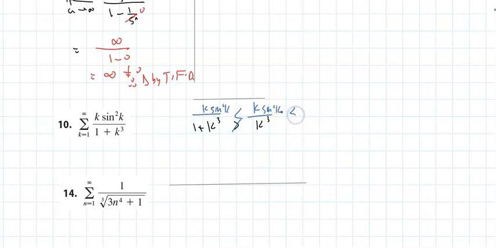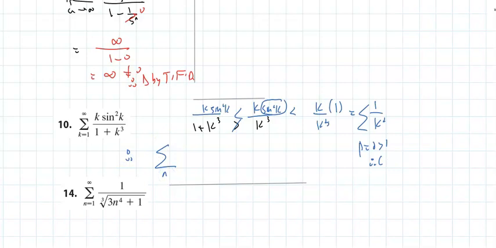And I know this is less than, because the biggest a sine squared could ever be is 1. And that is 1 over k squared. This is a p-series, p bigger than 1, therefore converge. Therefore, the series k equals 1 to infinity of k sine squared of k divided by 1 plus k cubed converges by the comparison test.